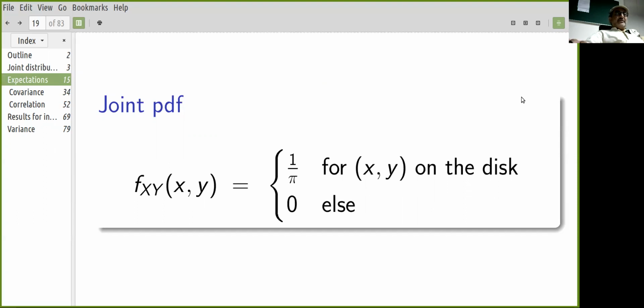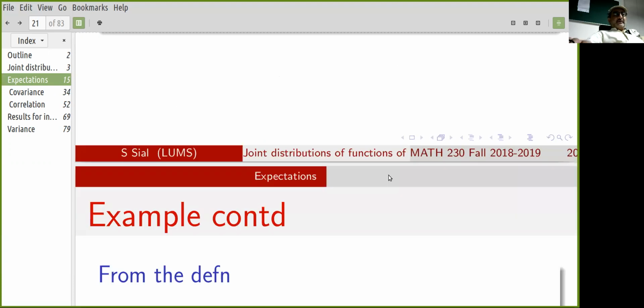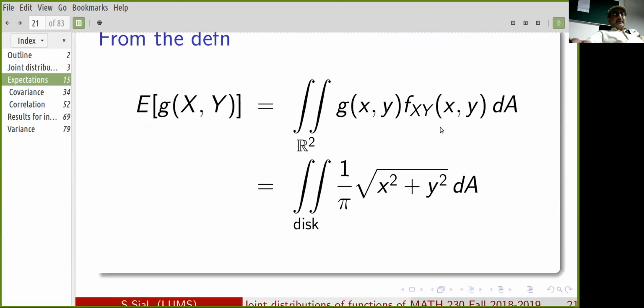Right? So now, if I had this g of xy equals root of x squared plus y squared, then what's the expectation of g of xy? Well, you have to integrate over all x and y, g of xy, f sub xy, over all the plane, except most of that is zero, right?